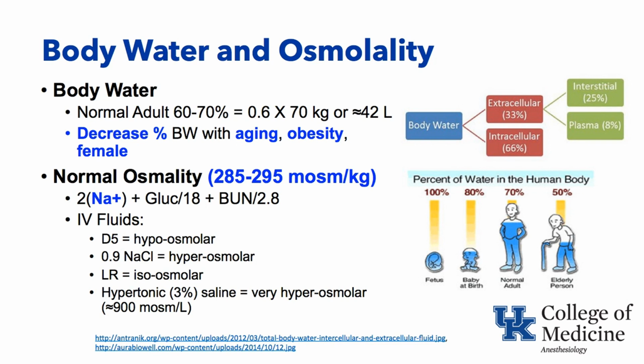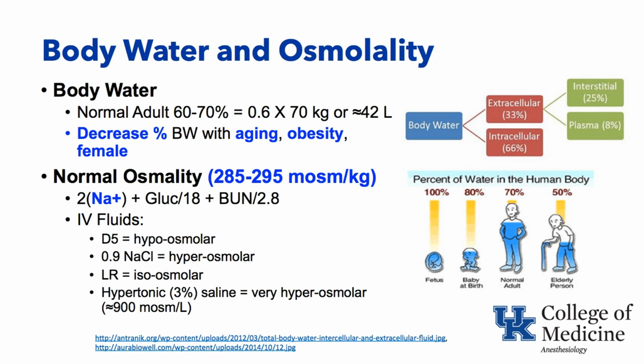An example of this would be if I gave a liter of D5W to a patient, the dextrose would be metabolized by the patient, leaving water, and the water would go into the body spaces, two-thirds intracellular, one-third extracellular, and less than 10% or so into the intravascular space. Therefore, D5W is not a good intravascular volume expander because of a liter, only about 100 mils or less would stay in the intravascular space.